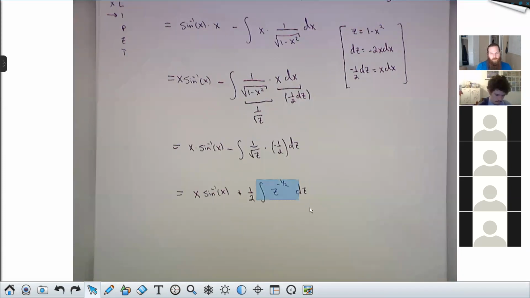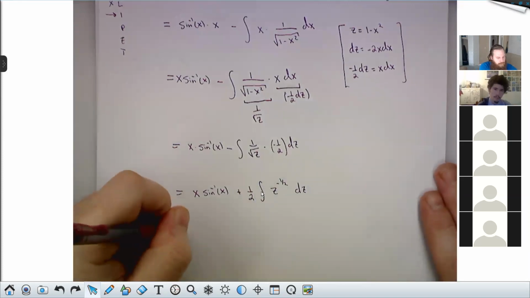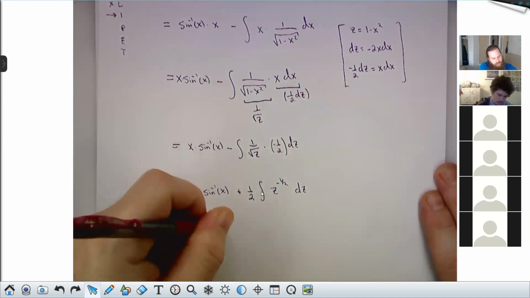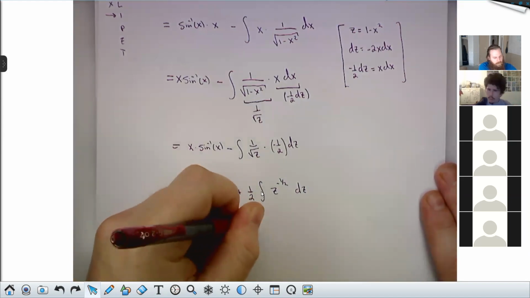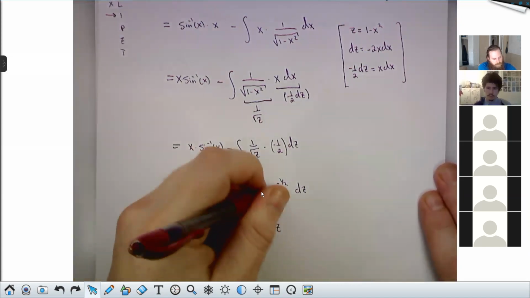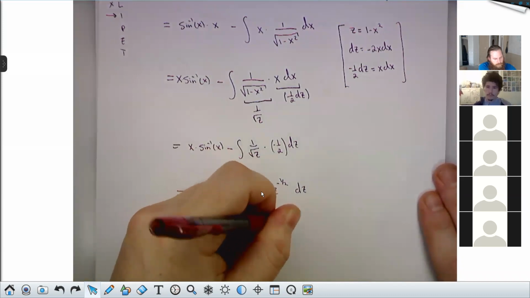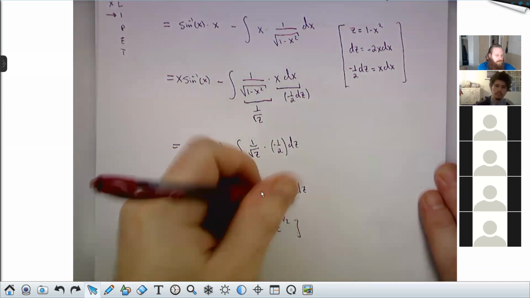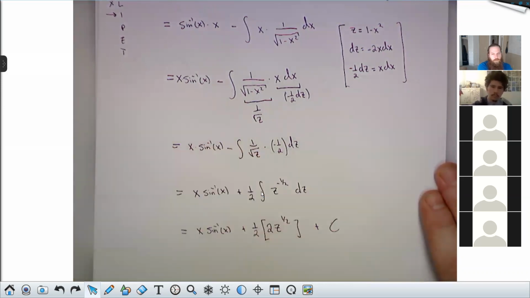And now to do this integral, I have to add 1 to the power, divide by the new power. So that's x sine inverse of x plus 1/2 z to the negative 1/2 plus 1, which is z to the positive 1/2. And when you divide by 1/2, that's the same as multiplying by 2. Slap on your plus c.